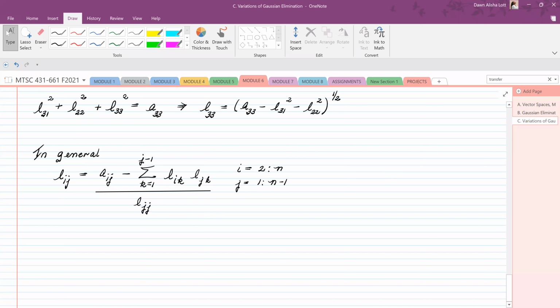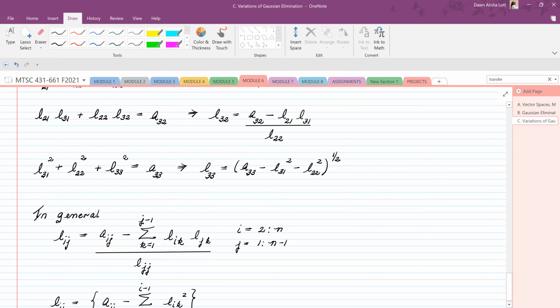And then Lii turns out to be Aii minus the sum, k equals 1 up to i minus 1 of Lik squared. That's how we deal with that.